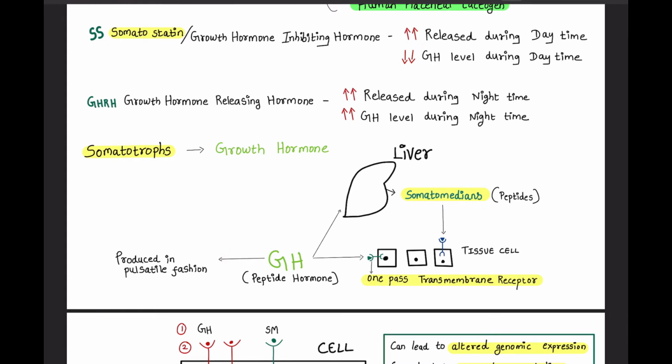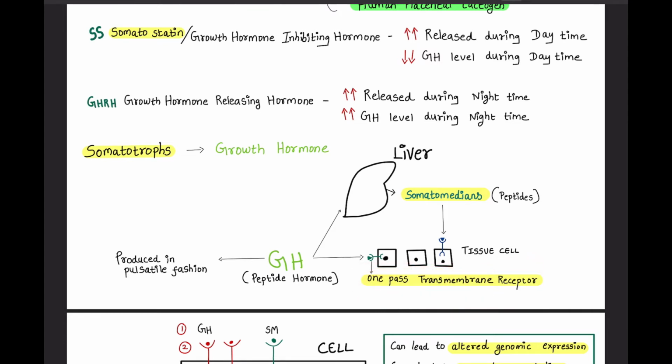Since growth hormone is a peptide hormone, it cannot act directly on the cell, so it needs a mediator, that is, it needs a receptor to act on the cell. This receptor is known as one pass transmembrane receptor.